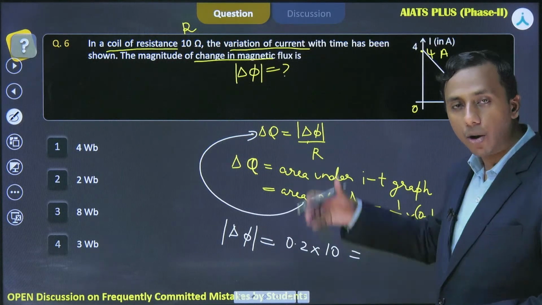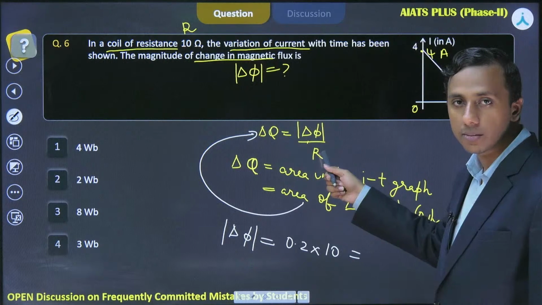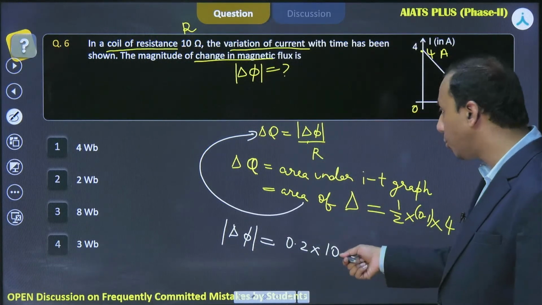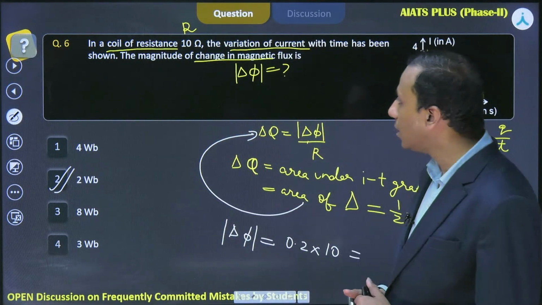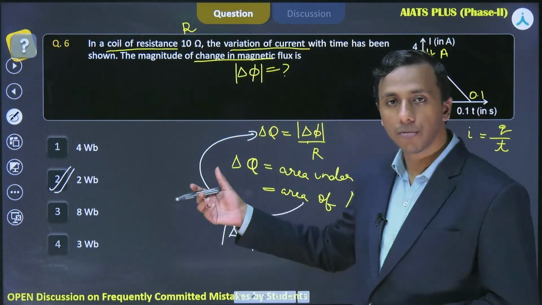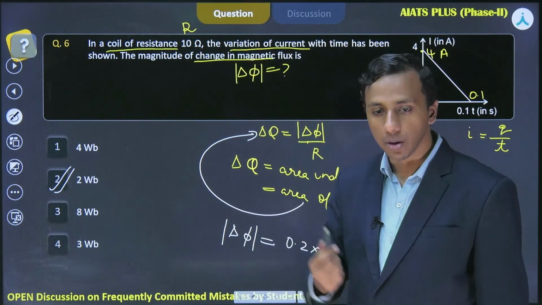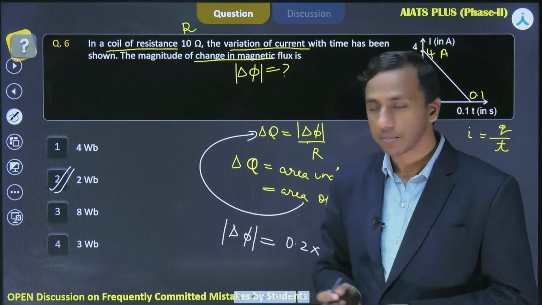From Faraday's law and from Lenz law, we are using this formula, so please remember how we got this formula as well. So 0.2 times 10 becomes 2, so 2 Weber. Weber, remember, is the unit of magnetic flux. Even the change in magnetic flux will obviously have the same unit, Weber.